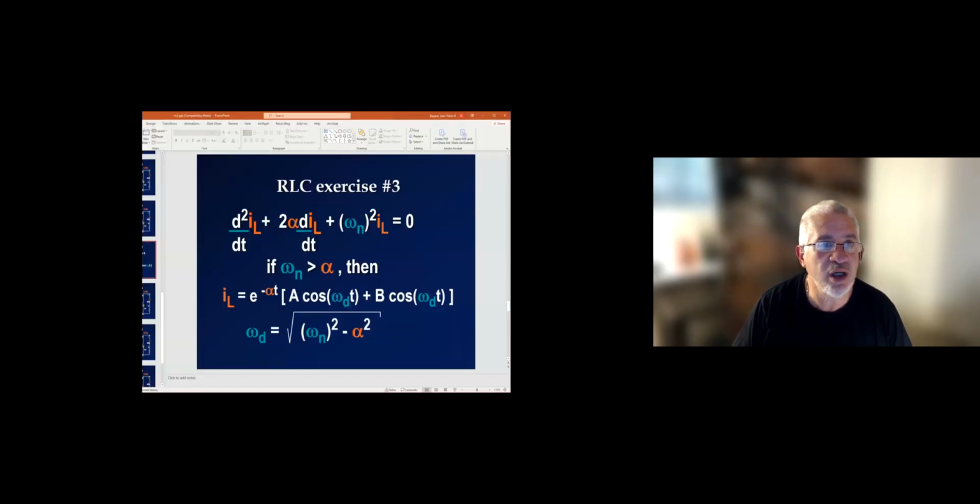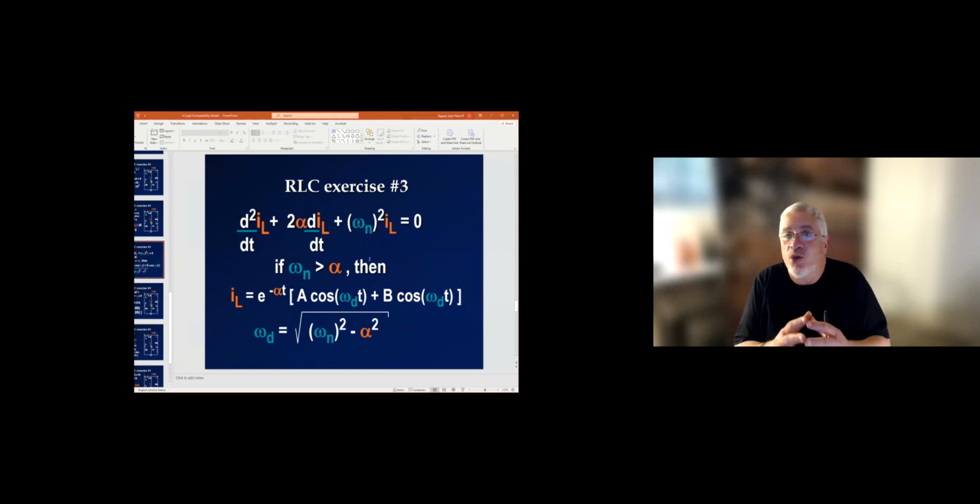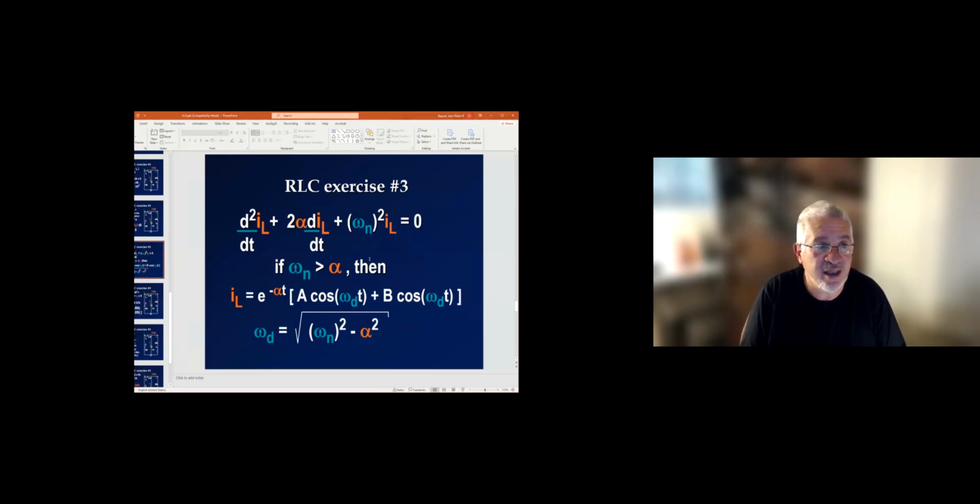There is the solution on the PowerPoint slide. So we're looking at here a second order differential equation. The coefficient associated with the first order derivative is 2 alpha, and the coefficient associated with IL in this case is omega n squared. Okay, so we identified omega n to be square root of 1, which is 1, and we identified alpha to be 0.525.